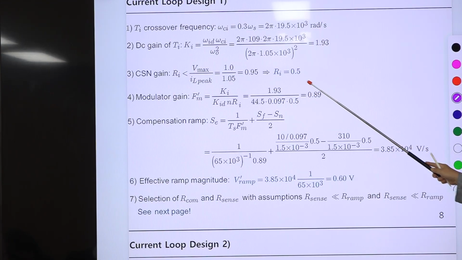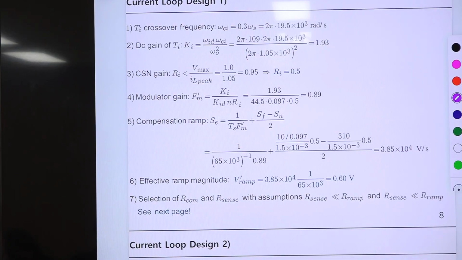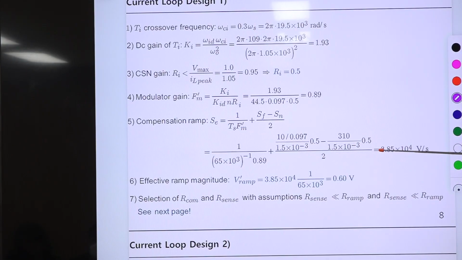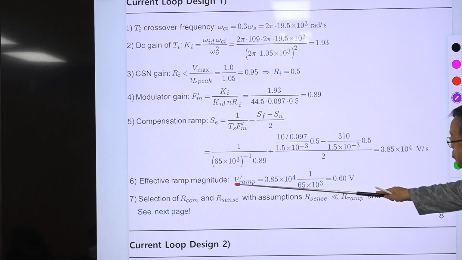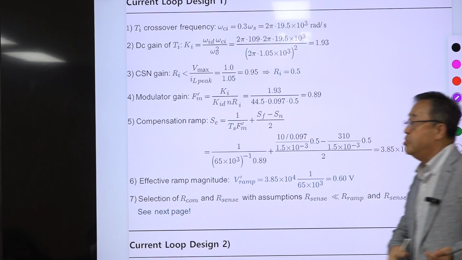Then if you know this number, you can calculate Se using the modulator gain formula of current mode control. Then Se is determined by this number, and the slope of the effective ramp magnitude, which is denoted as V ramp prime, is this slope times the switching period, which is 0.6 volt.